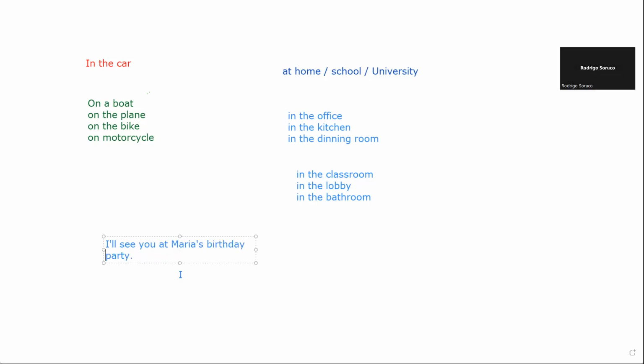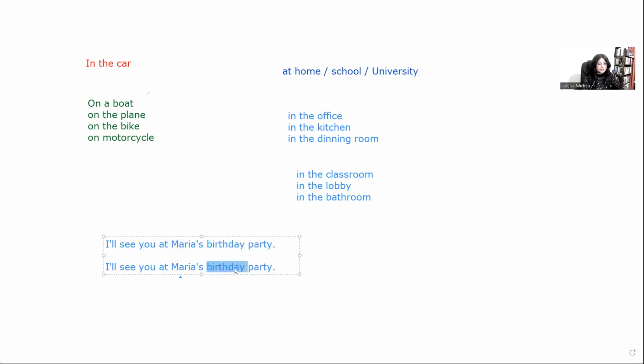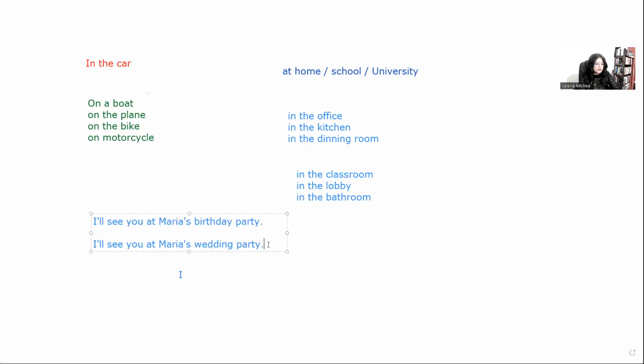You just need to add the word birthday in front of it. The same will happen with any kind of party, like a wedding or anniversary party. Also, the most common one that we have when we have friends abroad, farewell party, etc.